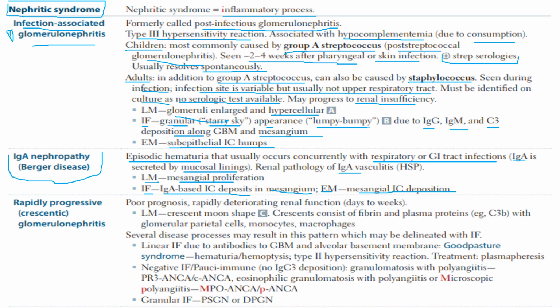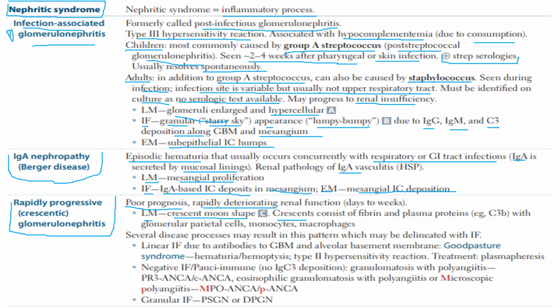Now we'll talk about rapidly progressive glomerulonephritis or crescentic glomerulonephritis. It has poor prognosis, with rapidly deteriorating renal function over days to weeks. On light microscopy, it looks like a crescent moon shape.